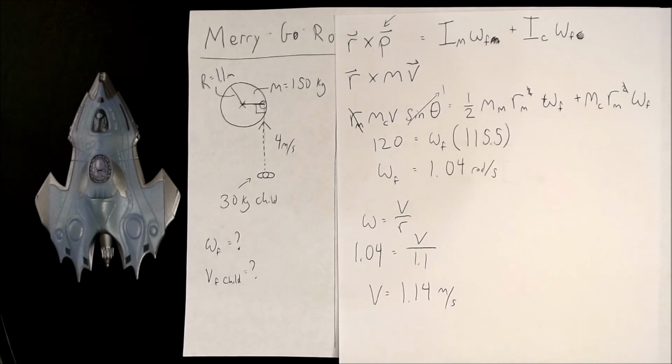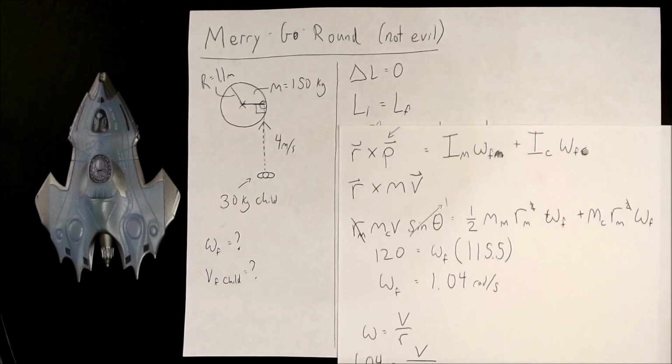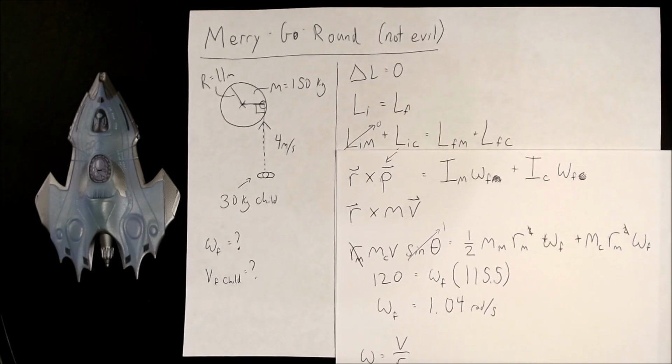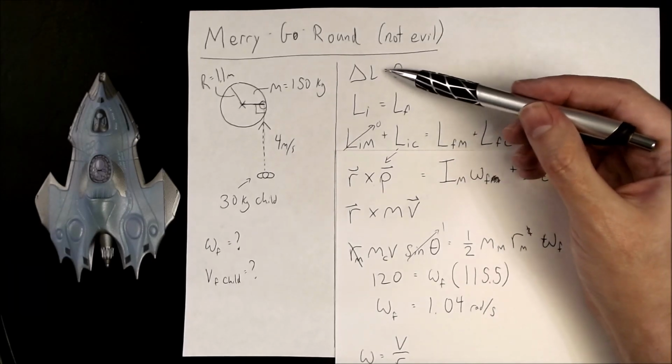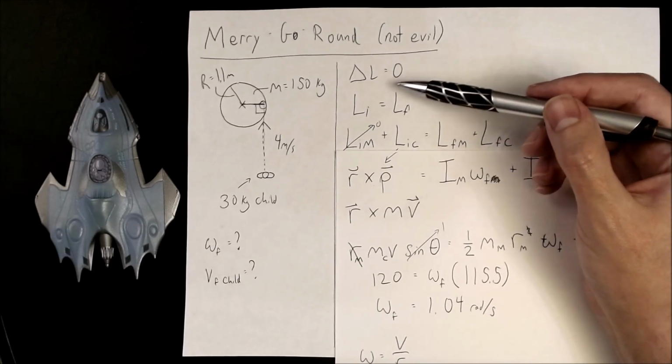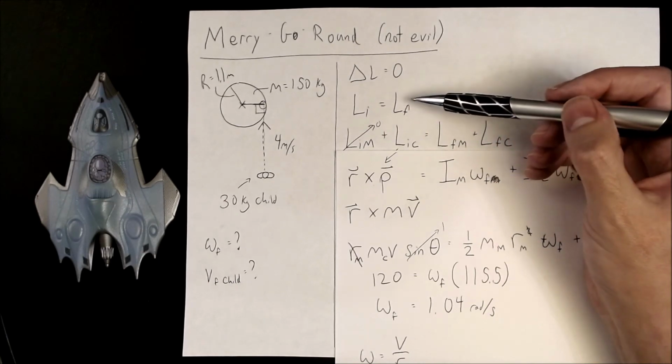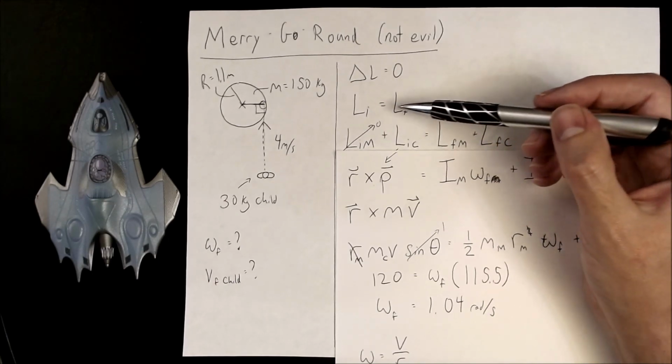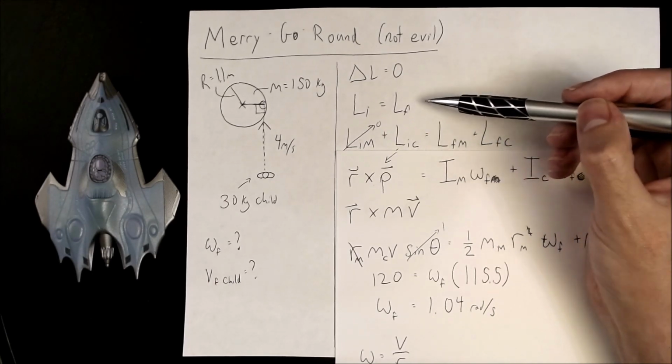We can definitely think of this as a collision problem. If you look carefully, there is nothing here that's really any different from a linear collision. We've got delta L is equal to 0 instead of delta P is equal to 0. Initial angular momentum is equal to final angular momentum, instead of initial regular momentum equal to final regular momentum.